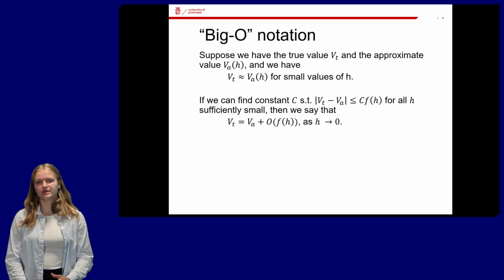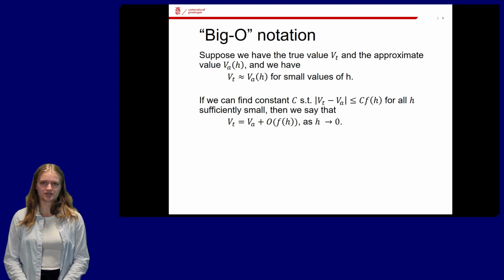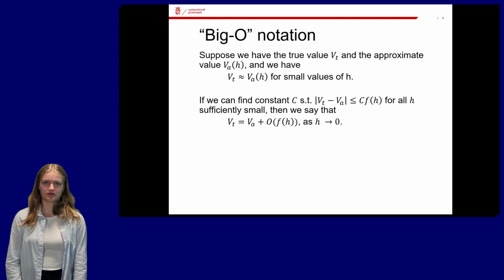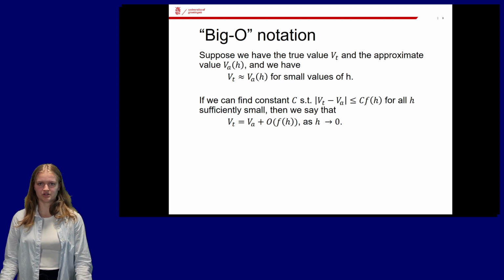Now, if we can find a constant c such that this difference between the true value and the approximate value, so the error, is smaller or equal to c times some function of h for all h when h is sufficiently small, then we can say that this difference, Vt minus Va, is equal to big O of this function of h.